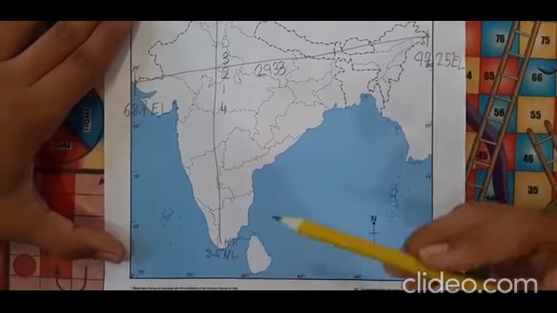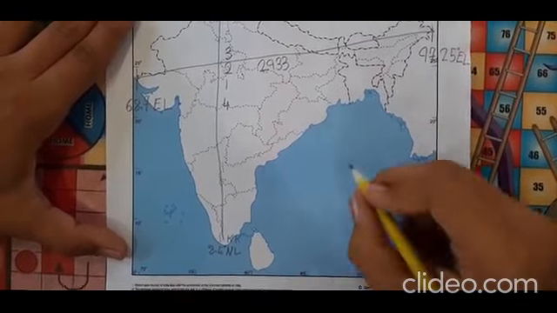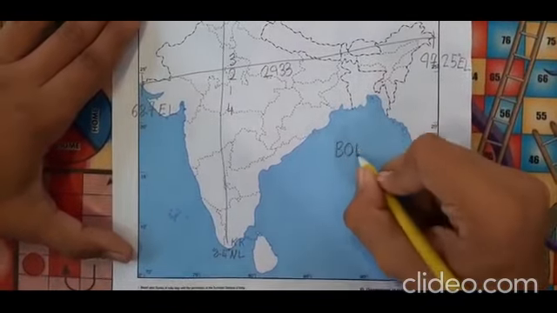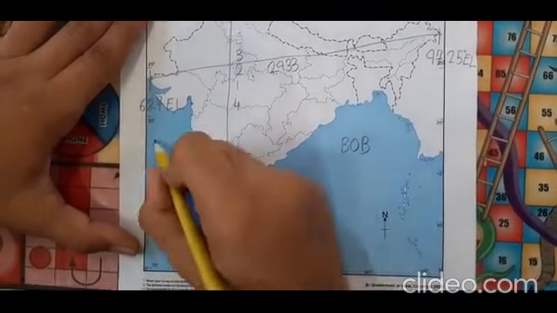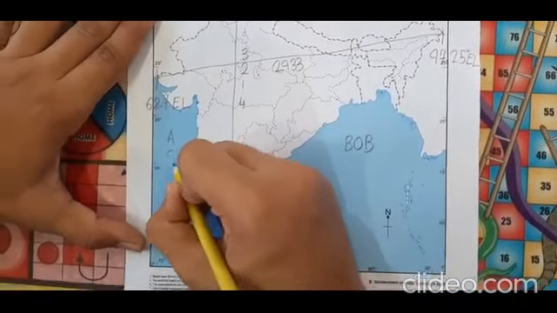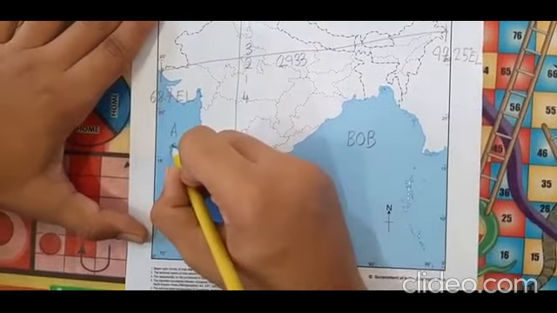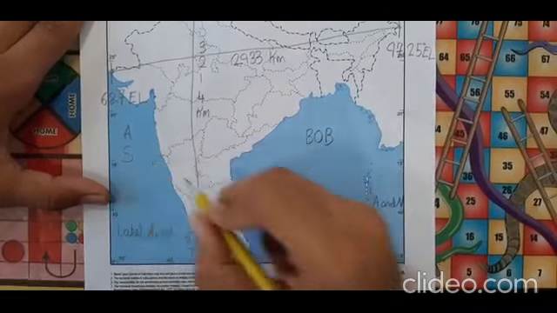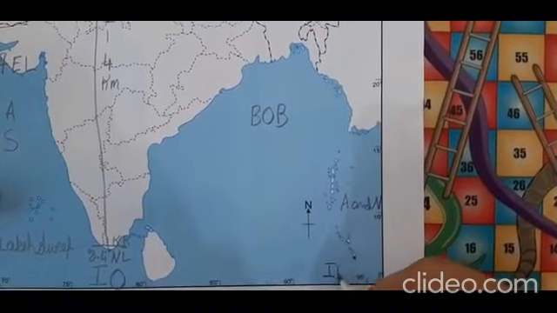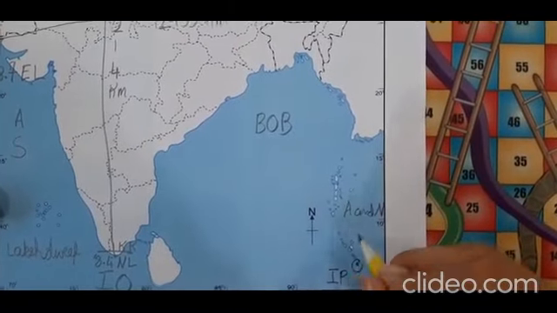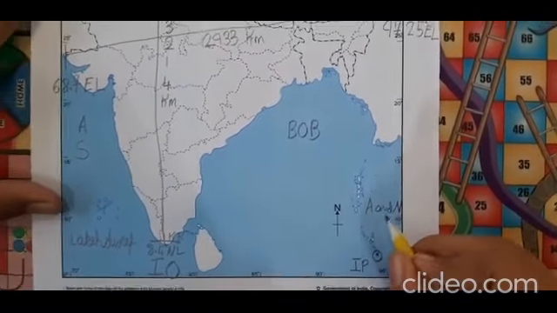It is surrounded by 3 waterways: Bay of Bengal, Indian Ocean and Arabian Sea. The southernmost tip of India is Indira Point, which is situated in Andaman and Nicobar Islands.